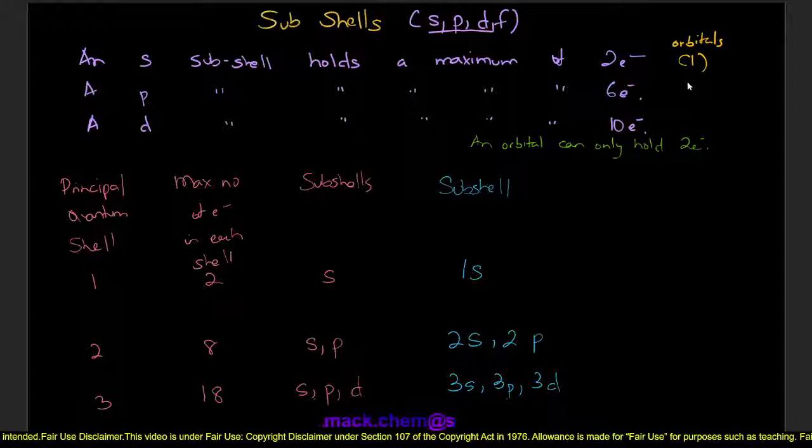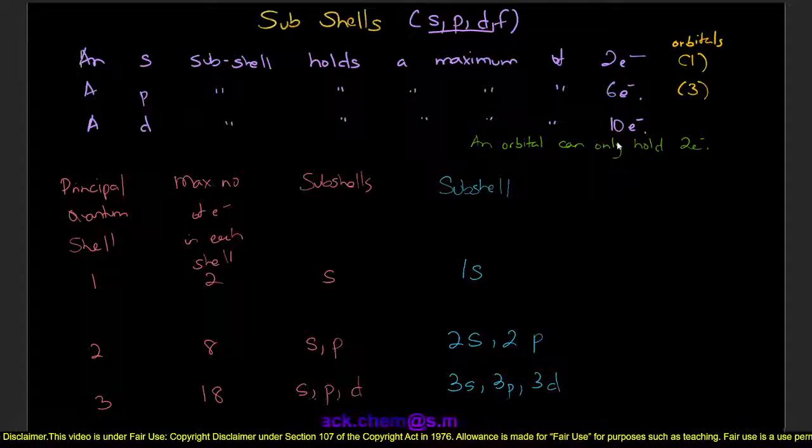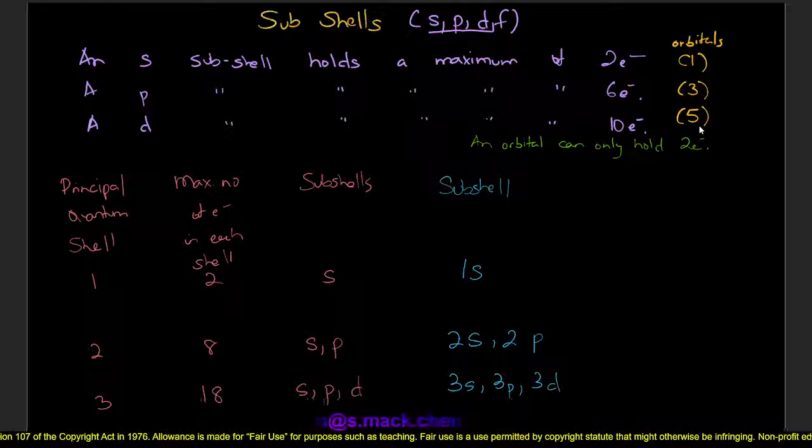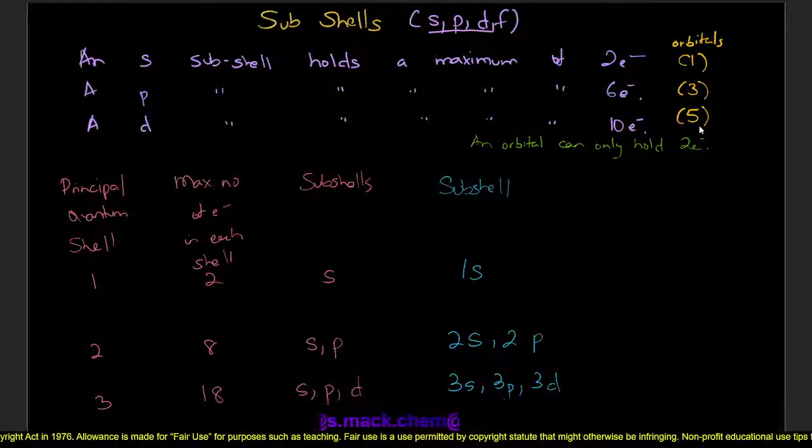Right, so 6 divided by 2 gives me 3. And if a D subshell can hold a maximum of 10 electrons, how many orbitals do you expect to find in the D subshell? You're going to find 5 orbitals. Alright, so we say that the S subshell consists of 1 orbital, the P subshell consists of 3 orbitals, and the D subshell consists of 5 orbitals.